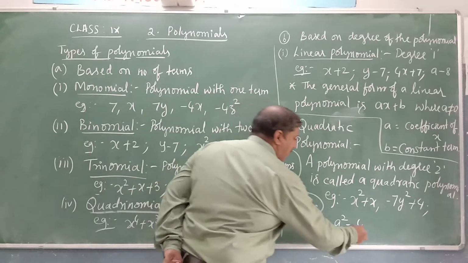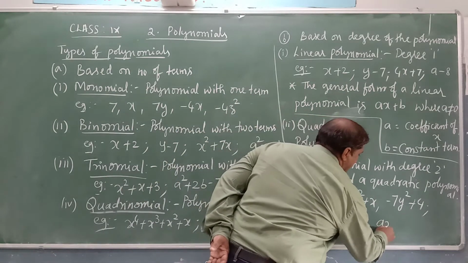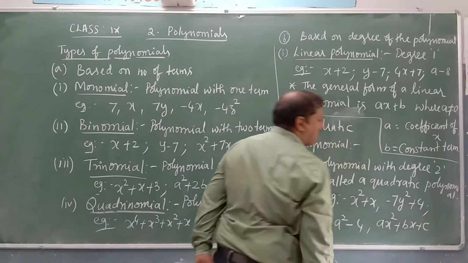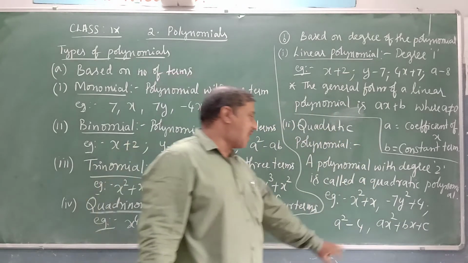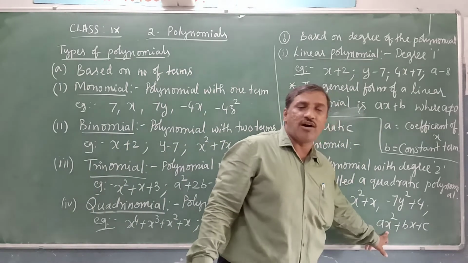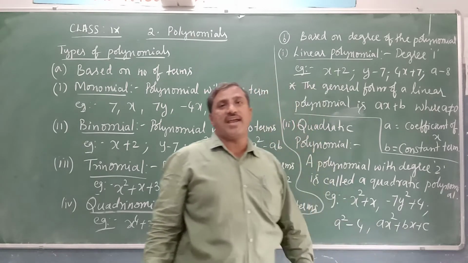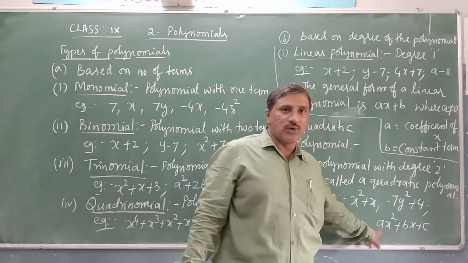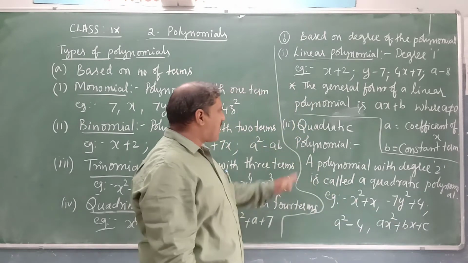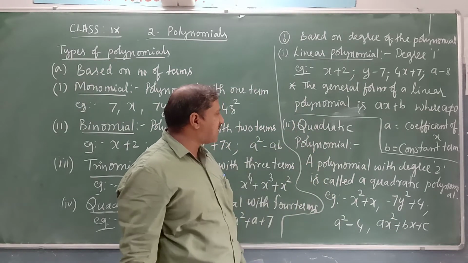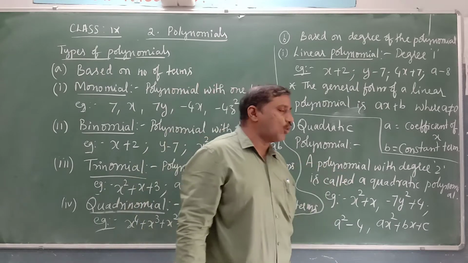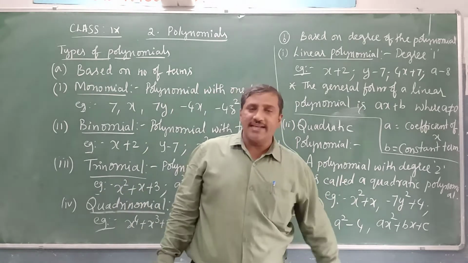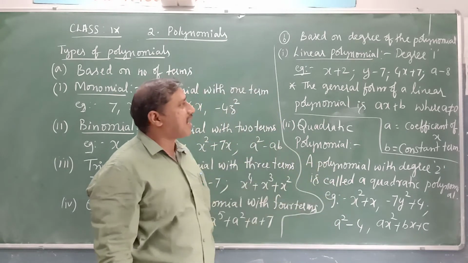And also ax square plus bx plus c is a quadratic polynomial, and this is called the general form or standard form of the quadratic polynomial, where a is not equal to 0. Is it clear, children?